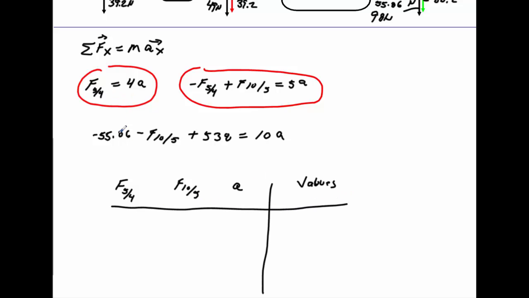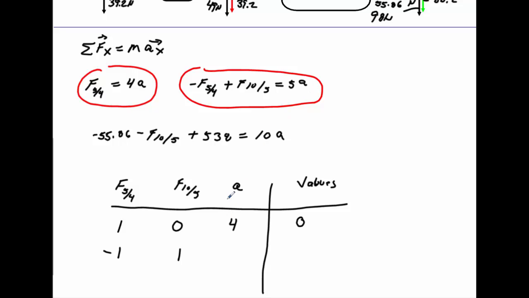We take our first one, we'll put a 1 here, a 0 here, a 4 here, and a 0 here. We come to this one, put a minus 1 here, we put a 1 here.